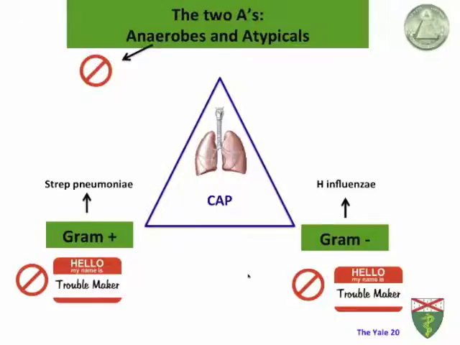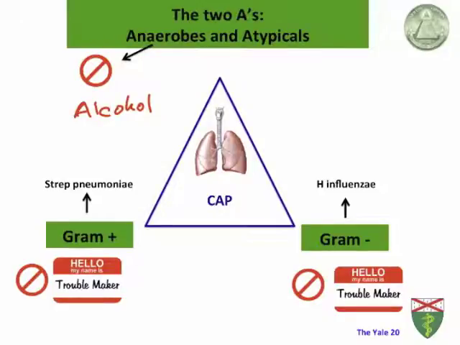Anaerobes? Not really. Anaerobes are something that is seen in hospital-acquired pneumonia with aspiration of GI bugs. One exception are mainly alcoholics. Alcoholics sometimes aspirate and get gram-negative or anaerobic pneumonia.